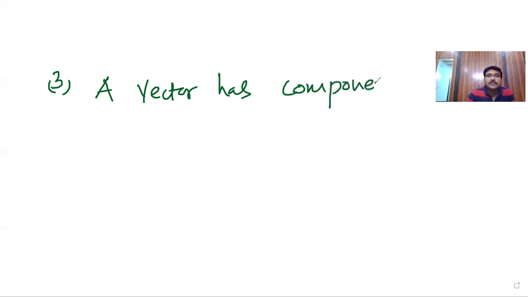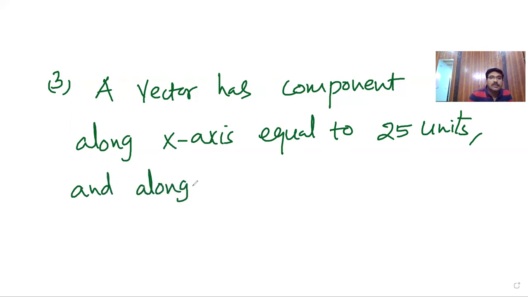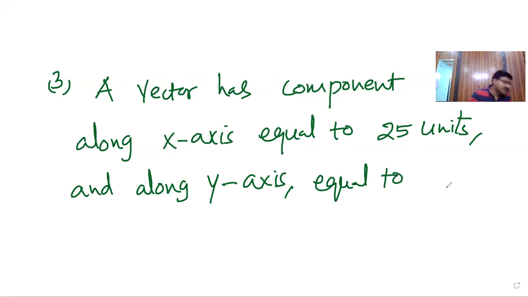The third question I would like to discuss is: a vector has a component along the x-axis equal to 25 units, and along the y-axis equal to 60 units.